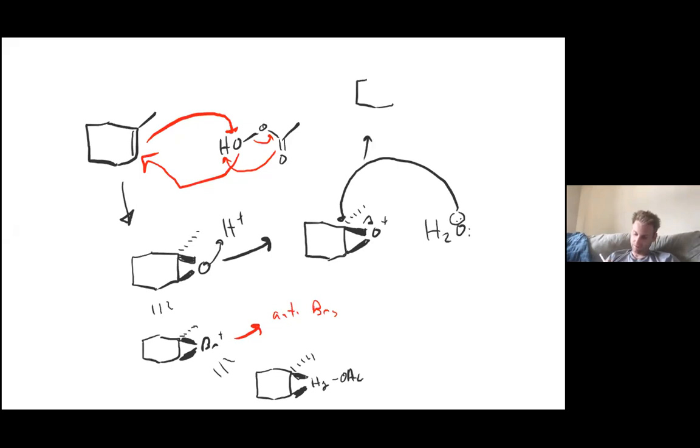carbon, leave the other one the same. So this bottom OH remains. Or bottom, need the H there.